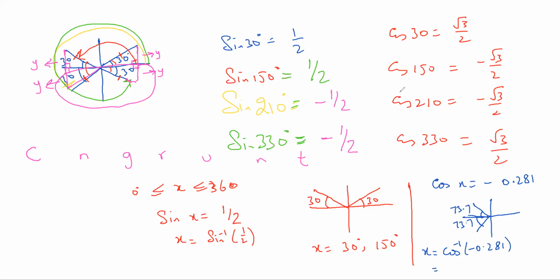So what are the values of X? We always give the general angles; your calculator gets the basic angles. So your X is 106.3 and 253.7. These are the two values of X. Guys, got it?